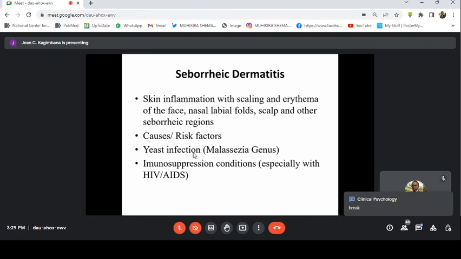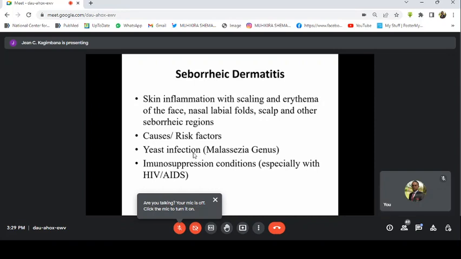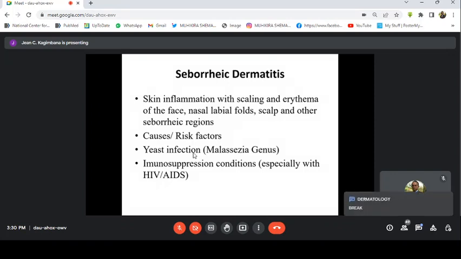Yeast are commonly present on the greasy skin, which are the face, the nasolabial folds around the nose, the scalp, or other seborrheic regions like the groin. But mainly, it will be the nasolabial folds. It will be the scalp.